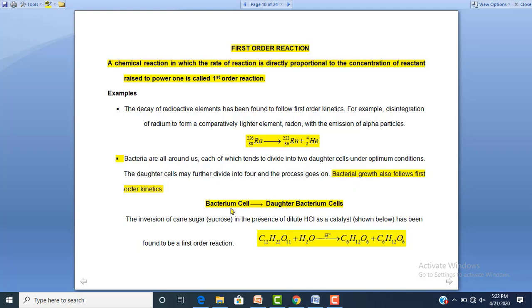The growth of a bacterial cell into daughter bacterium cell is also a first order reaction. Inversion of cane sugar into glucose and fructose is also an example of first order reaction.